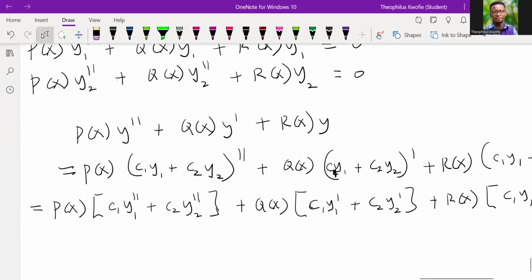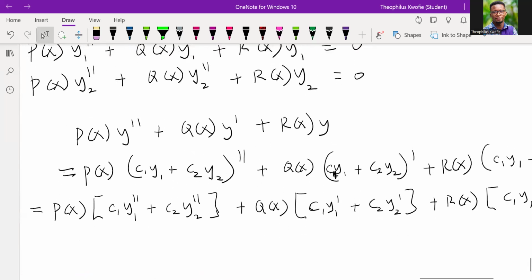Now over here we can do some groupings. We can separate the c1s from the c2s, so we are going to do some collections. Wherever I see c1s, I sort them from the c2s.